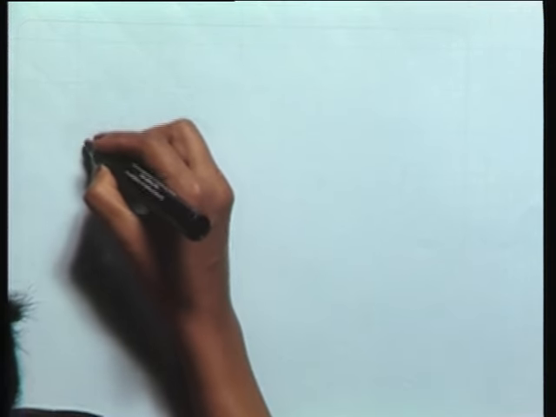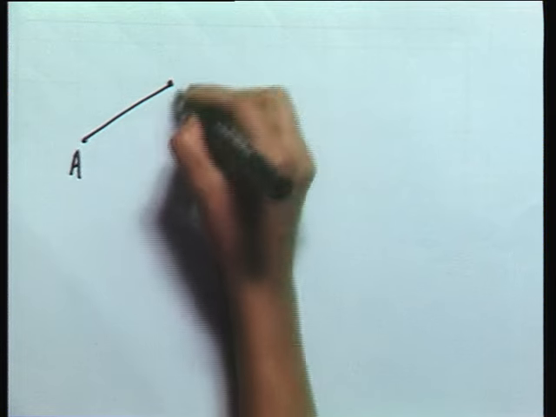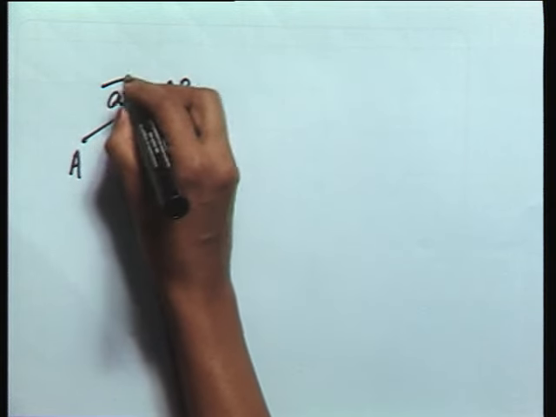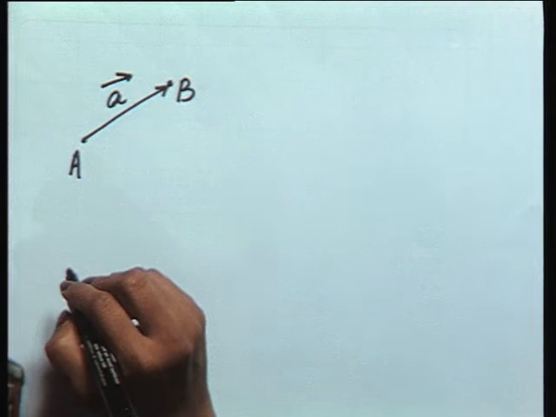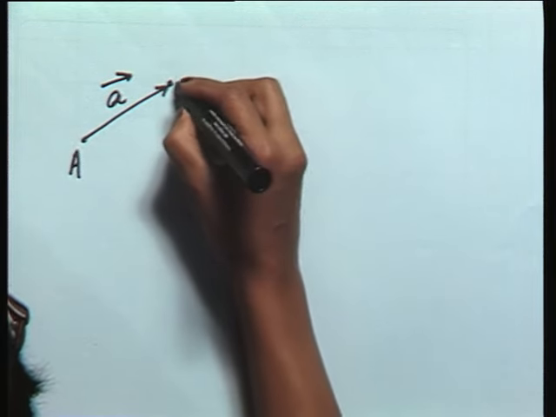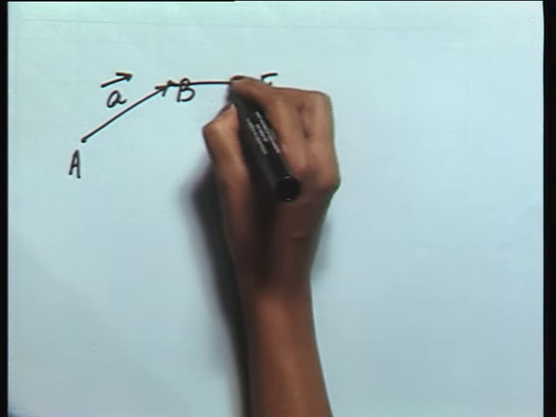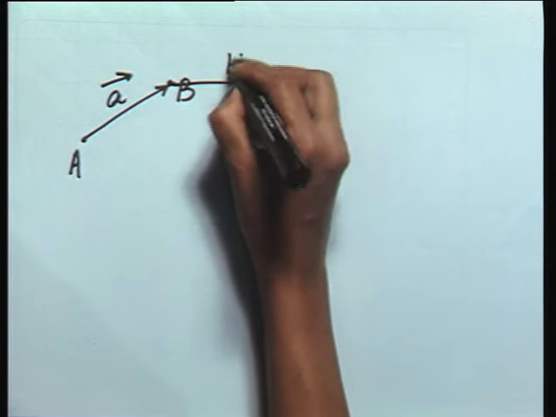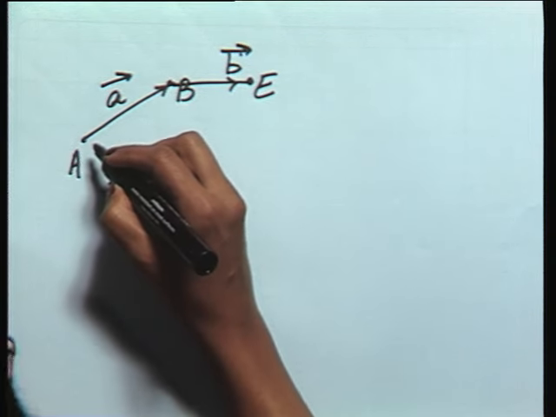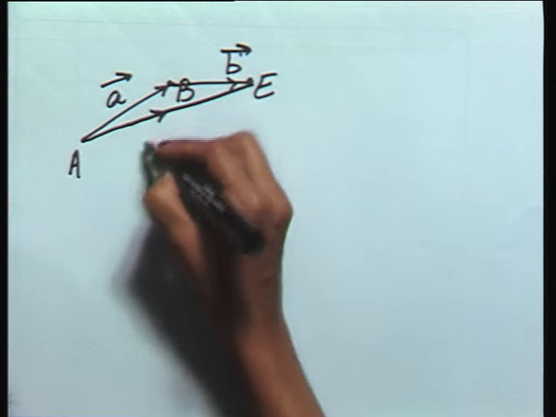Consider the vector A represented by the directed line segment AB, and consider the vector B represented by the directed line segment, as before, BE. Then we all know by now that the vector A plus B is defined as the vector AE.